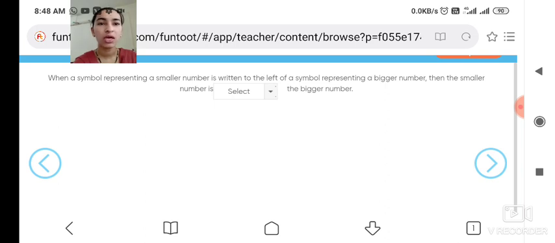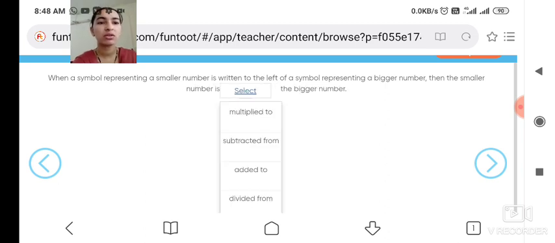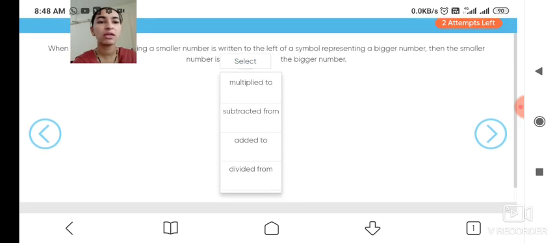Suppose L represents 50 and C represents 100. If L is written to the left of C, then the smaller number is dash the bigger number. Which one is this: multiplied or subtracted or added or divided? Yes, if the smaller number is written first and the bigger number is written second, then it is subtracted.